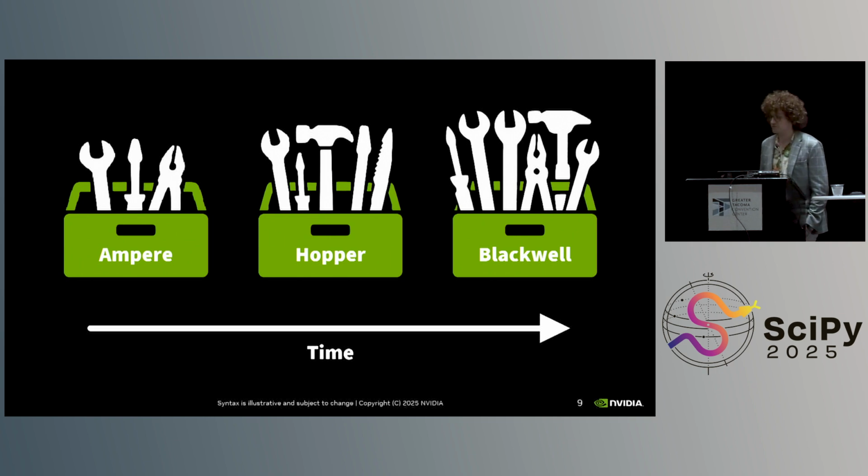In each new generation of NVIDIA GPUs, we expose more tools, giving you greater control and freedom. But all of those choices can be a bit overwhelming. It would be nice if we had a higher level abstraction that succinctly expresses kernels and allows the system to select which tools to implement them with.